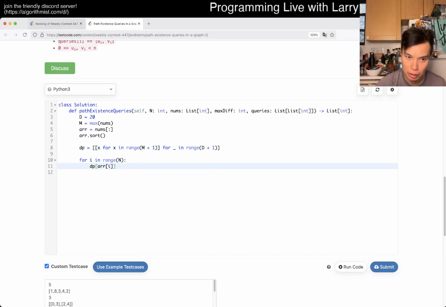And then now dp is equal to. Okay, so this is the base case. You can probably define the base case with 0. This is the base case. We want to buy array bisect left array sub I, right? That gives us the index.